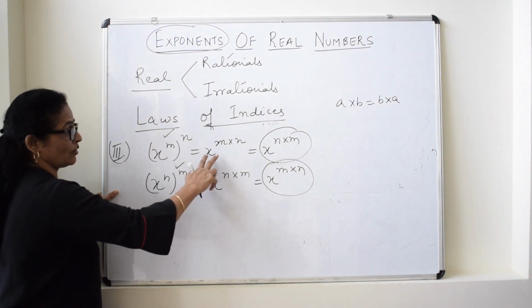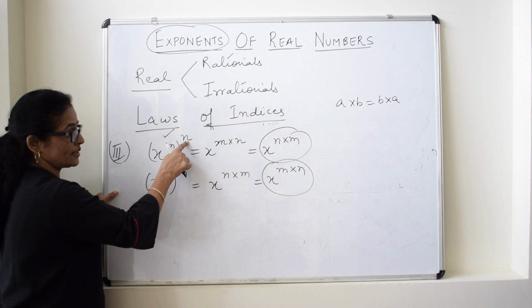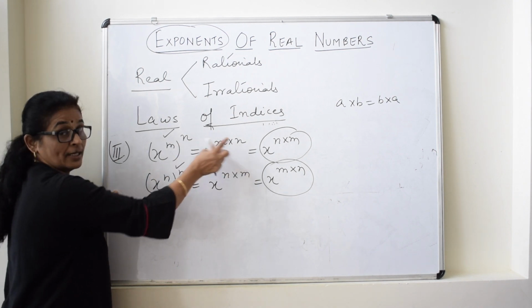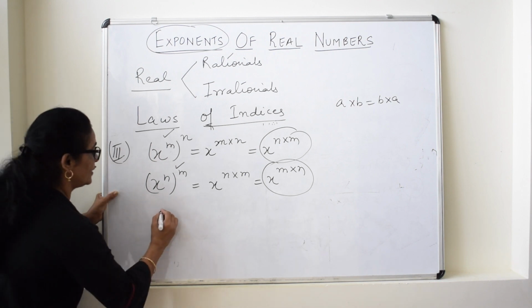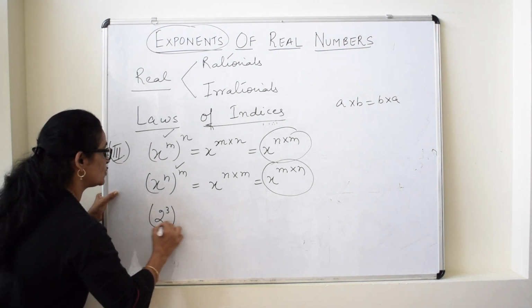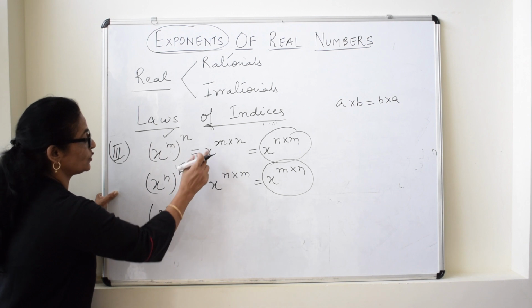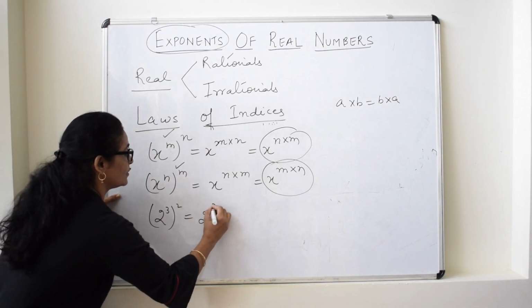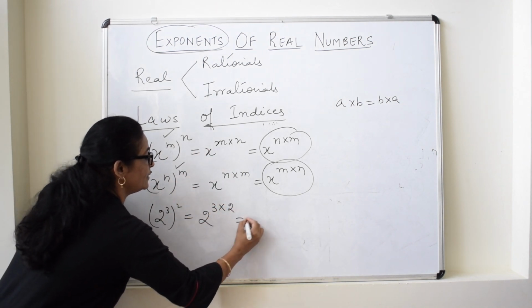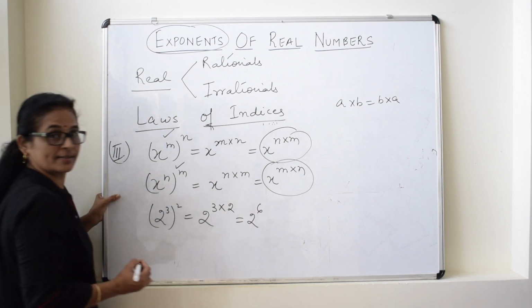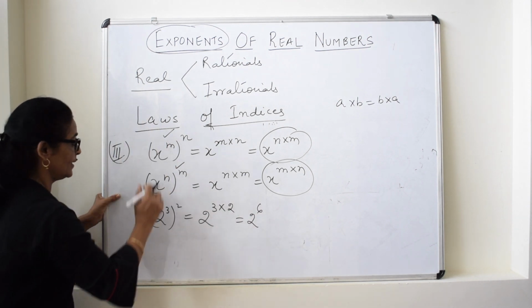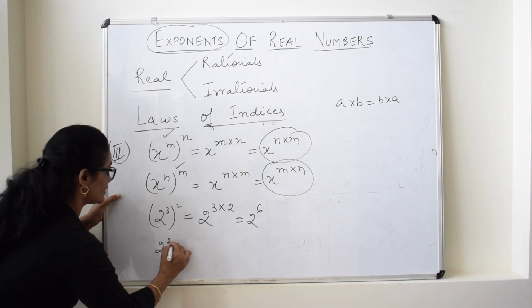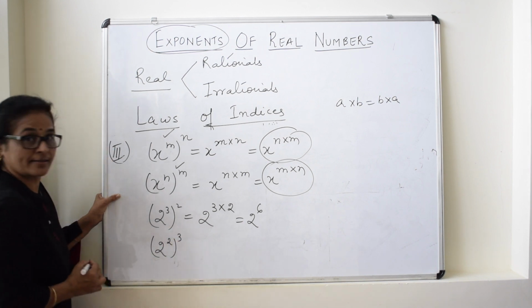Okay, this is the law, that when the power to the power is there, powers are multiplied, but powers can be interchanged also. For example, 2 cube, its whole square. According to the law, the powers will be multiplied. It is 2 to the power of 6. And according to this rule, I can also write it as this.